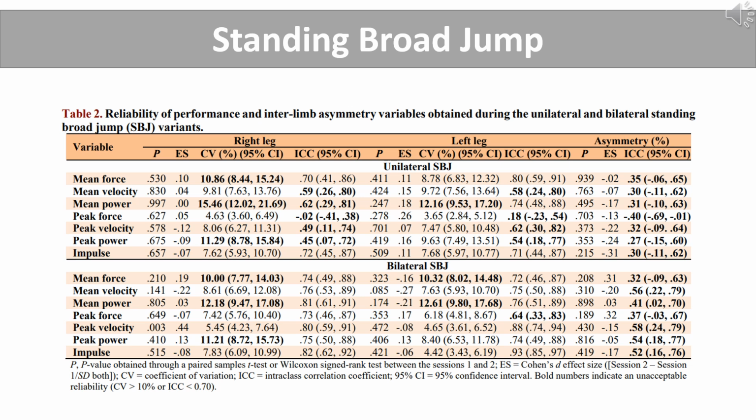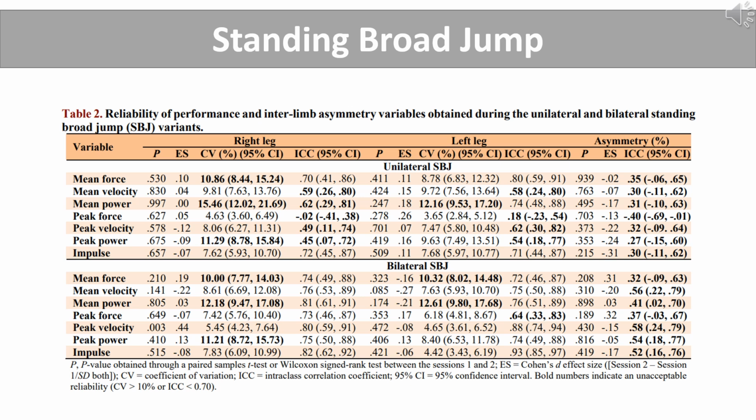And you can see there's a few metrics which show CV values higher than 10%, but not drastically higher. The interesting one, though, is mean power and peak power, which are very often metrics that are recorded in research and reported when running correlations with other measures of performance. Actually, mean power and peak power were a little bit noisy in the standing broad jump assessment.